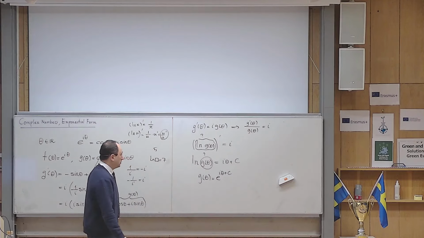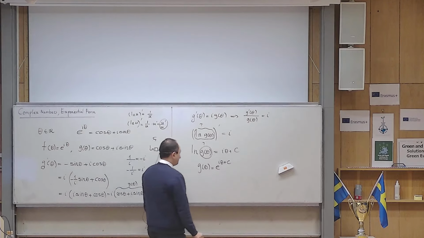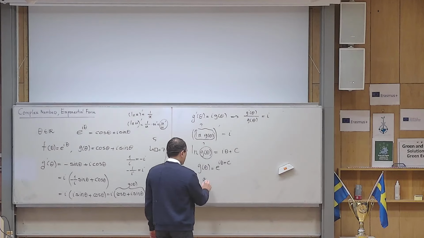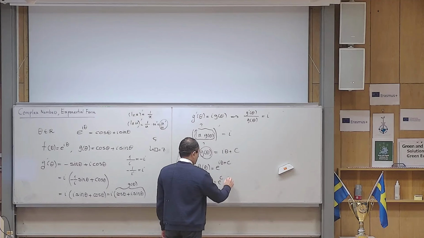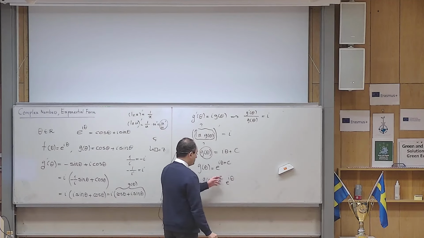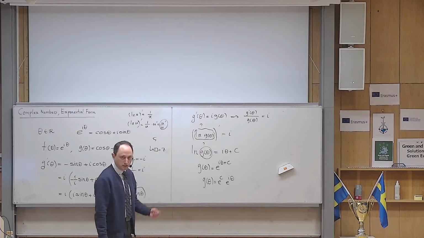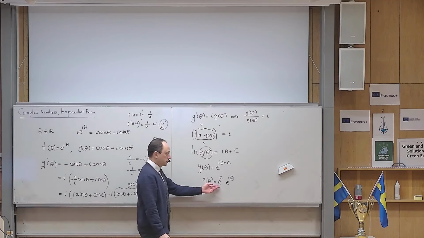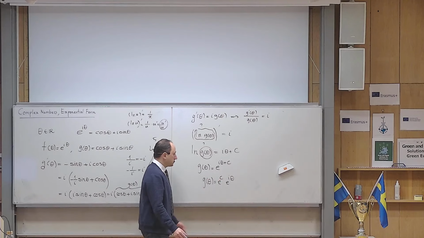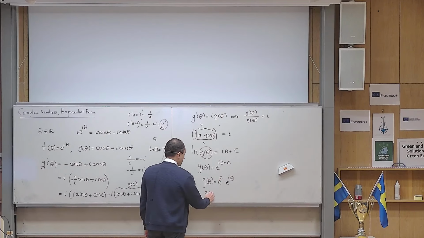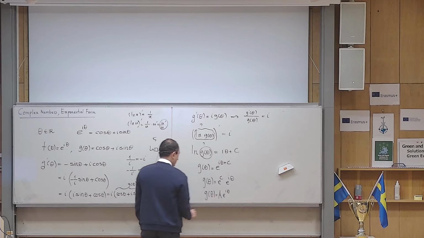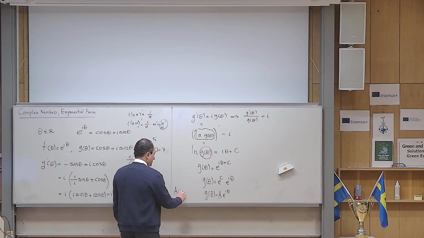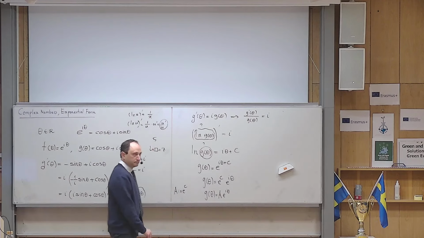Okay, so what I can do, I can say that g theta is equal to e to the power of c, e to the power of i theta. But e to the power c is also a constant. Yes, c is a constant, e is a constant, so e to the power of c is a constant. So if you don't mind, let me call that constant a. So I am introducing the constant a to be e to the power of c.